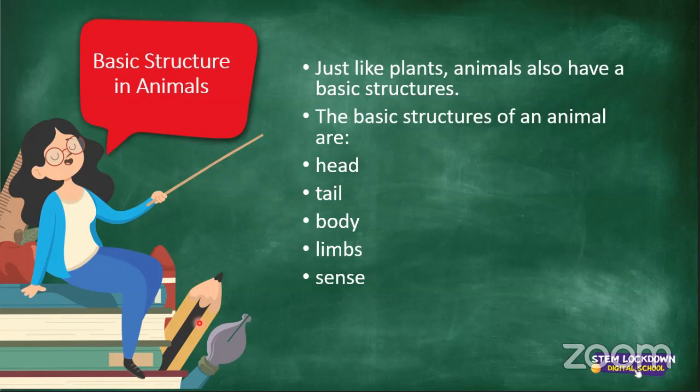So where we were looking at the plant, remember we had different structures there as well. It was the roots and the stem and the fruit and the seed and the leaves. Now, when we look at the basic structure of an animal, it's the head, the tail, the body, the limbs, and sense organs, their senses. We are going to move to the next slide now.